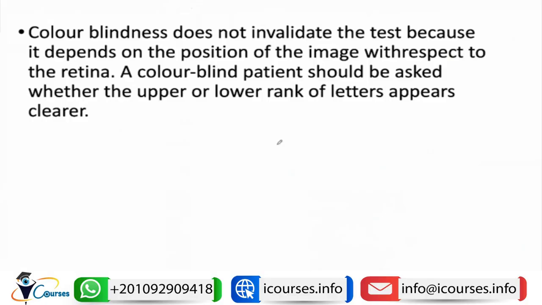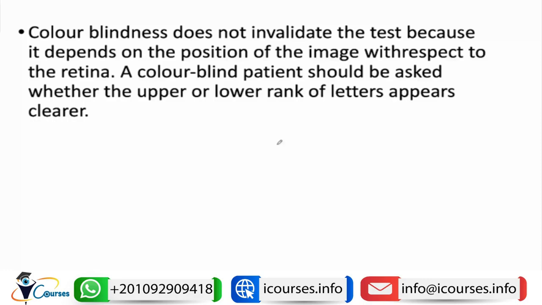Why? Because we don't test the appreciation of the color of the patient. We don't ask the patient to name the color. We don't ask the patient to see the red as red and the green as green. But we ask about the relative appreciation between both colors. So you can ask the patient to report if the upper rank is brighter than the lower rank, or the right rank brighter than the left rank, even without saying any color at all, because we don't test color discrimination.